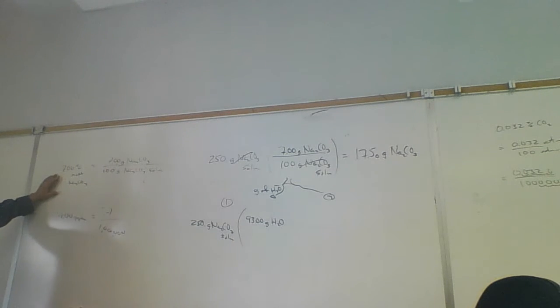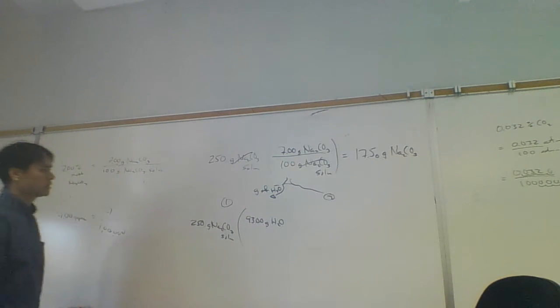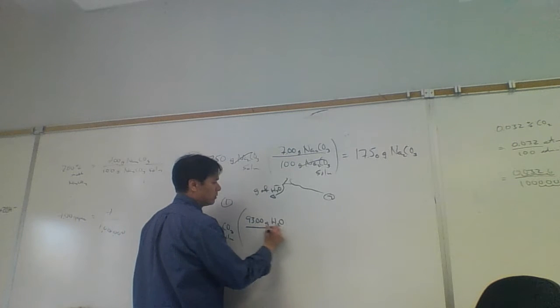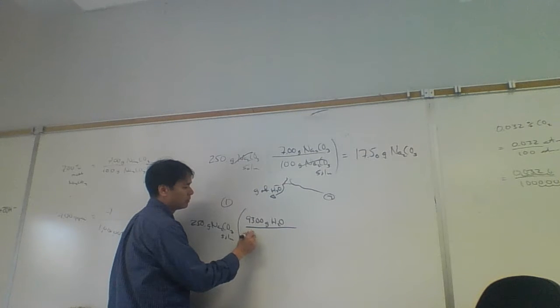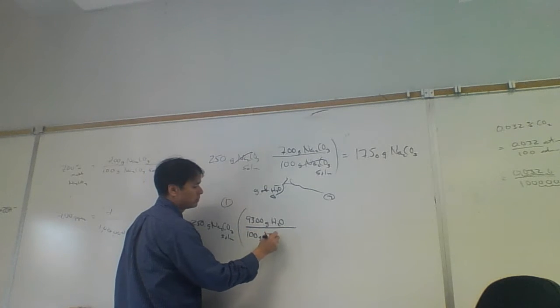So 7% sodium carbonate, 93% water gives us 100%. And so this is going to be 93.00 grams of water for every 100 grams of sodium carbonate solution.